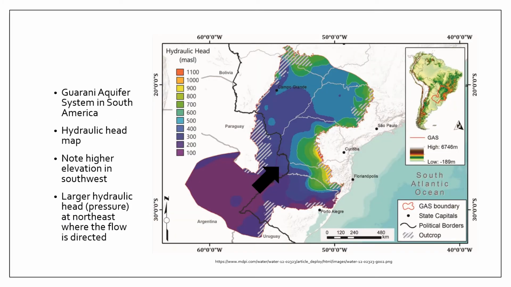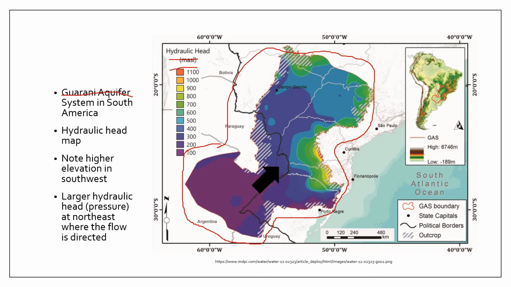All right, so just to appreciate those examples, this is the Guarani aquifer system, right? So this is the whole aquifer system. This is a map of the hydraulic head of the aquifer. Okay.